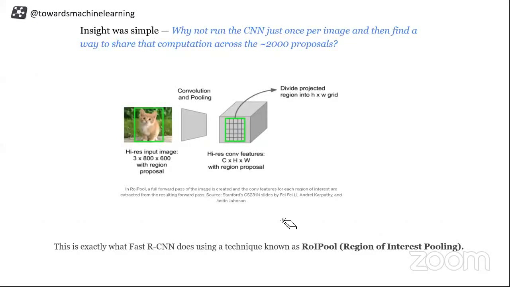So what can the region of interest pooling be? You have an image, you pass it through your convolutional neural network, and you have some more channels. You must be aware of channels if you're coming from a CNN background. Now the features are not exactly looking the way they looked on the image, but you can still run a selective search on it. You will get an object there, and you can do ROI pooling.